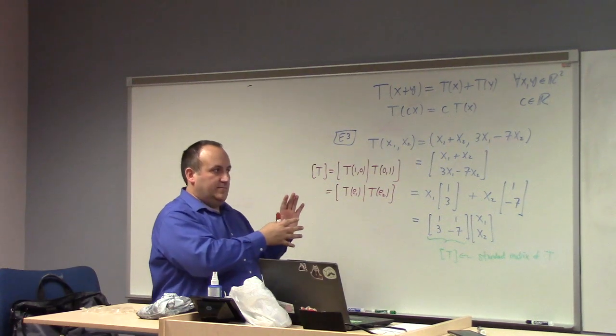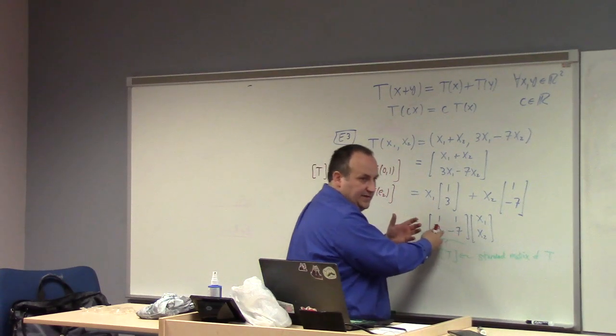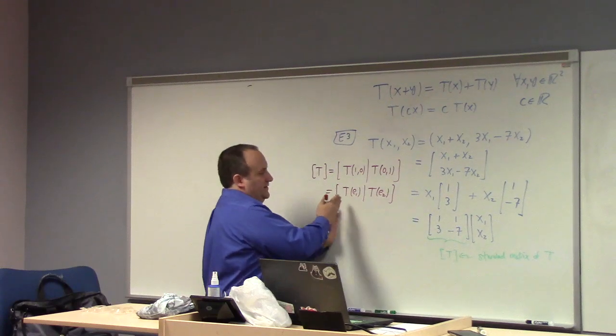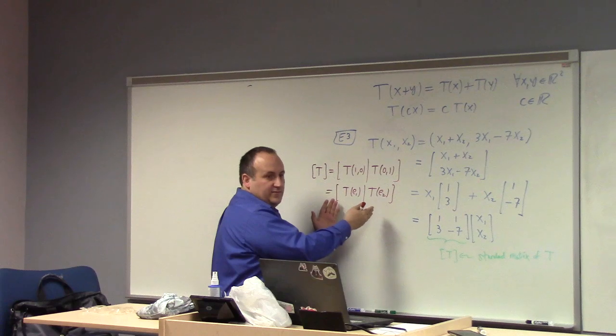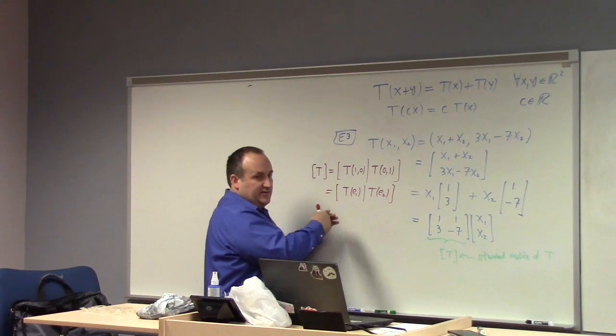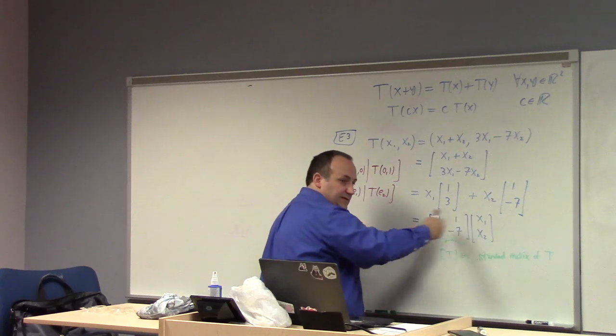Notice that there's no particular pattern here. If you think about how the first column and the second column are related, the answer is they're not. For an arbitrary linear transformation in the plane, there doesn't have to be any relation between these two.